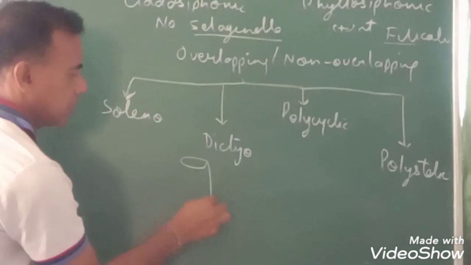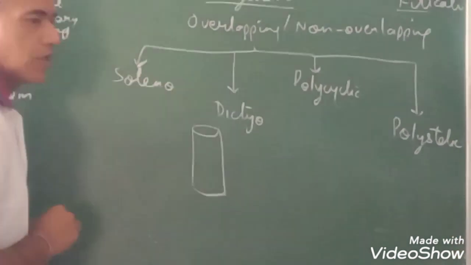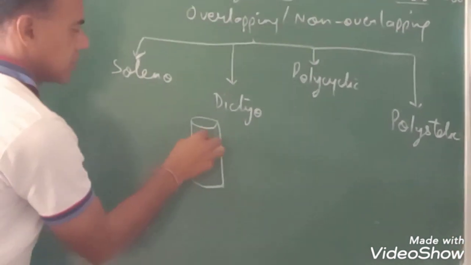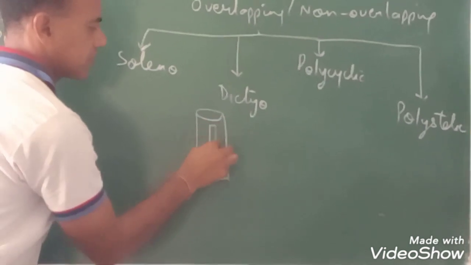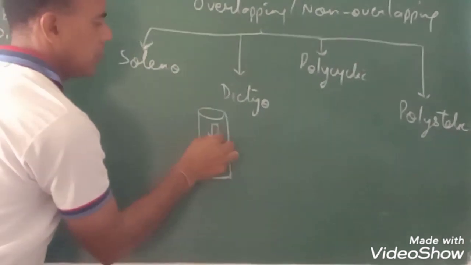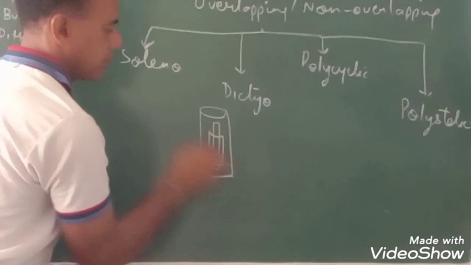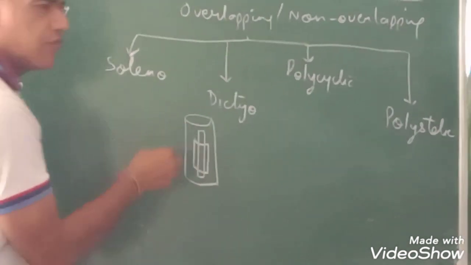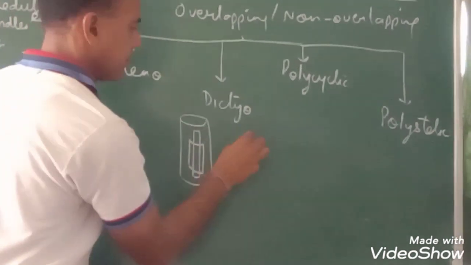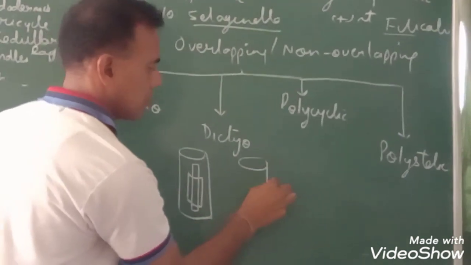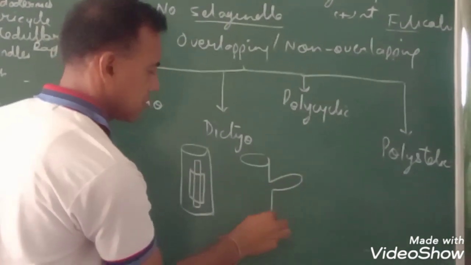Suppose this is a stem and it has in the center xylem surrounded by phloem. Now, when a leaf arises from this stem, I am making it like this.